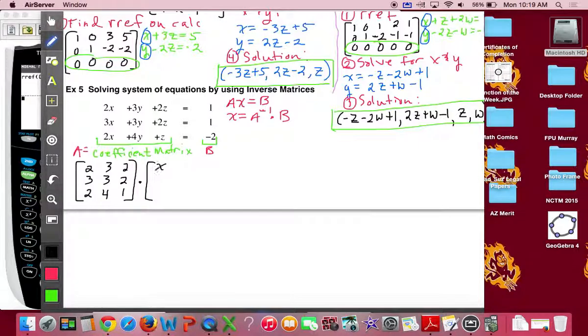You're going to have X, Y, Z. And then that's going to equal your B matrix, which is your answer column: 1, 1, negative 2. So this becomes your A times X equals B.